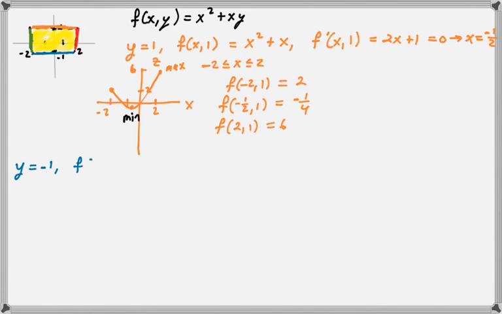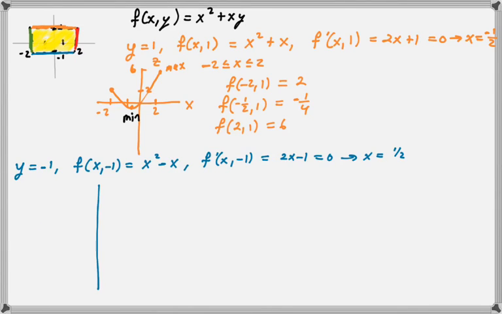Y is equal to -1. So f of x comma -1 is going to be x squared minus x. We'll find the critical number of this because it's a quadratic. It's going to be 2x minus 1, and that's going to be equal to 0. So that tells us our critical number is x is equal to 1/2.